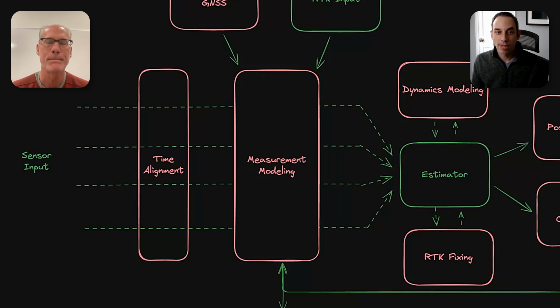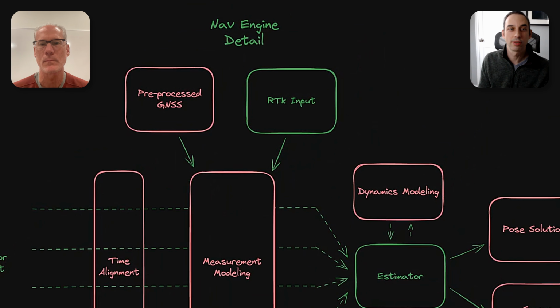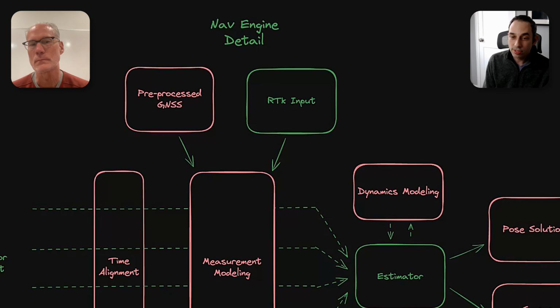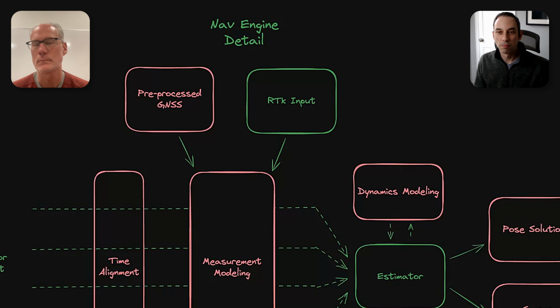Right. So that's coming in here. And then we have this RTK input, which is really critical to getting down to the super fine, precise position level. What this is doing is effectively providing a source of comparison so that we can remove most, or in some cases all, of the sources of error that affect GNSS.